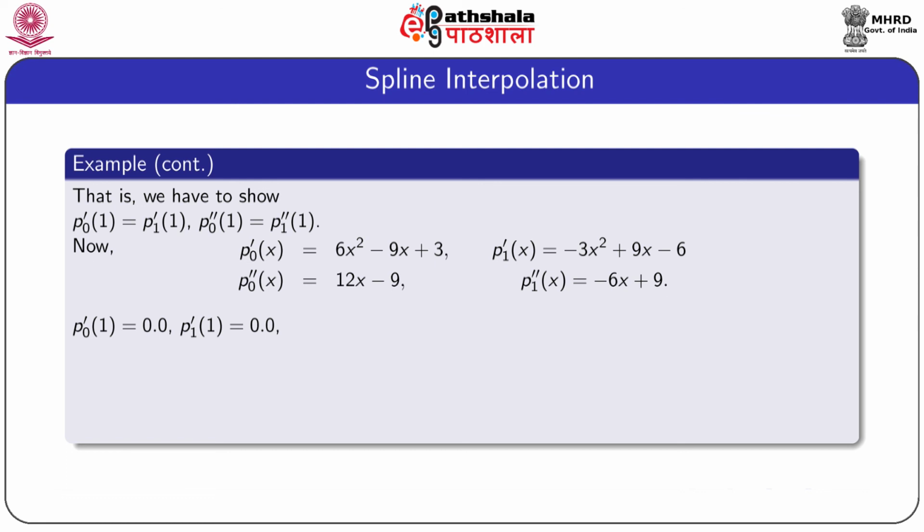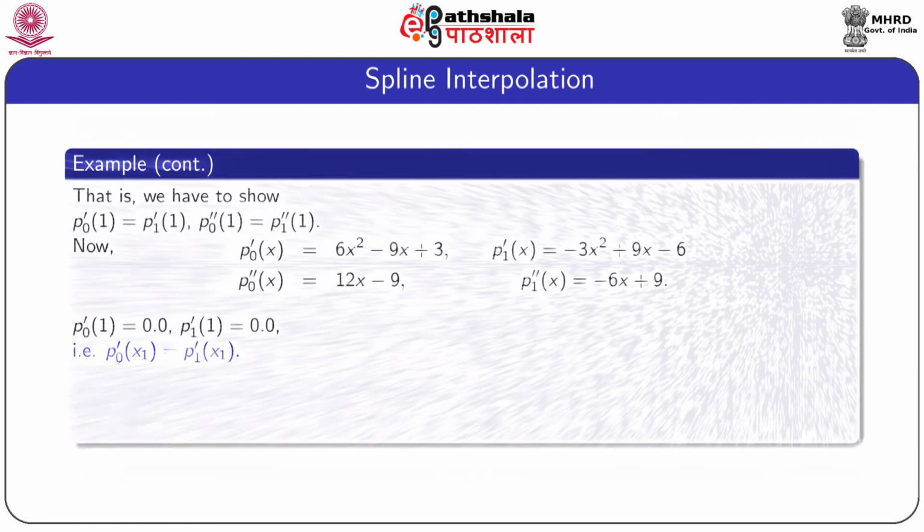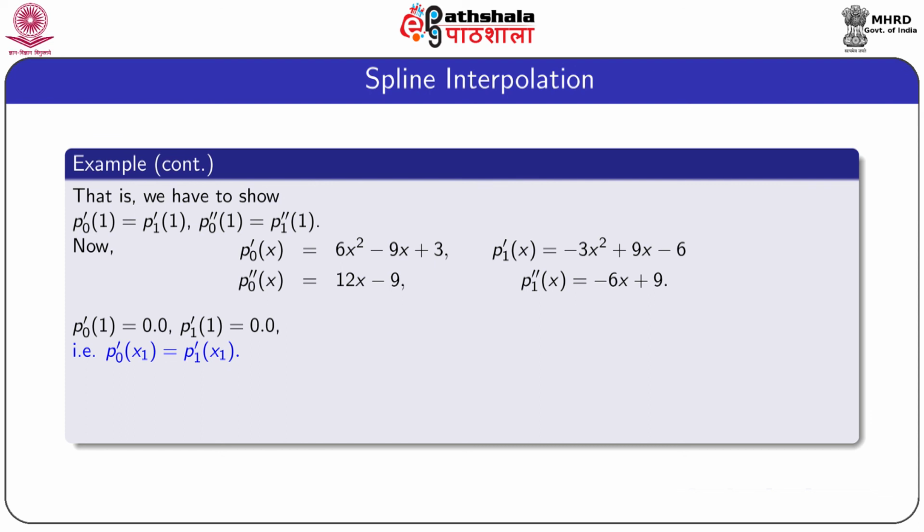Therefore, the first derivative of p0 at 1 equal to 0, this is easily obtained, and the first derivative of p1 at x equal to 1 is also 0. That means, we can say that p0 dash at x1 equal to p1 dash at x1, one condition is satisfied.